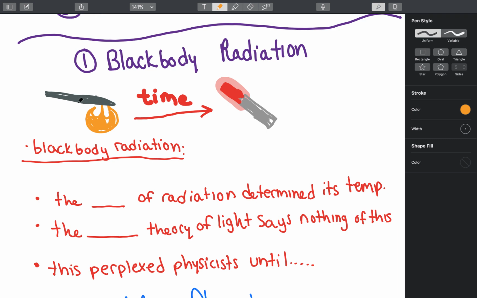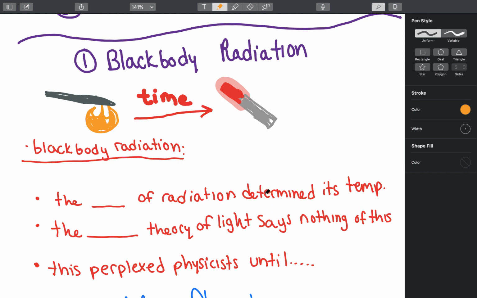So what do you think is going to happen to that steel rod? Of course the steel rod is going to heat up. And after a certain amount of time, when the steel rod heats up to a certain temperature, you'll see the steel rod glow red, as we see here. And this glowing red is actually called black body radiation.